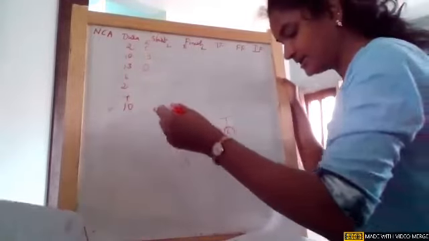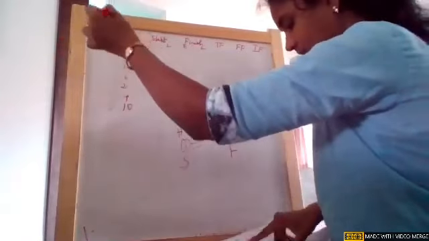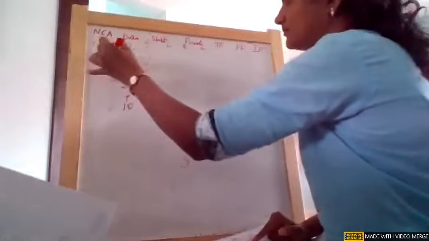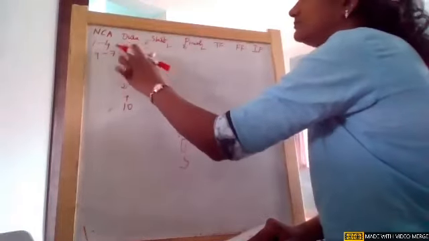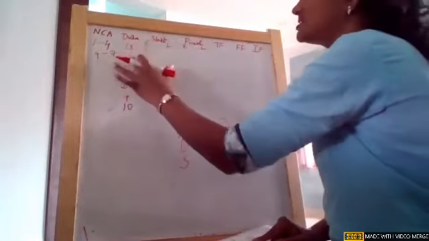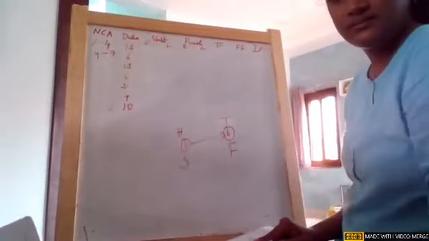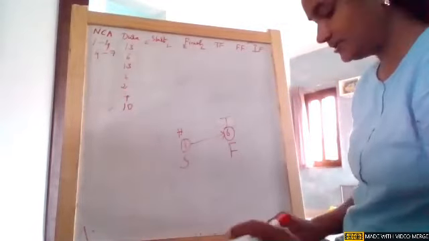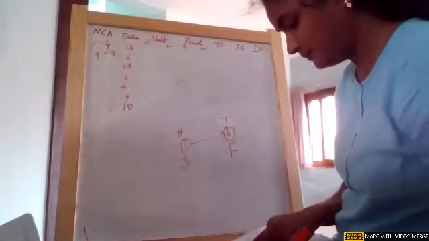I'll write the non-critical activities: 1 to 4, 4 to 7. 1 to 4, the duration is 13. 4 to 7, the duration is 6. The next one, 7 to 10, is the critical path.